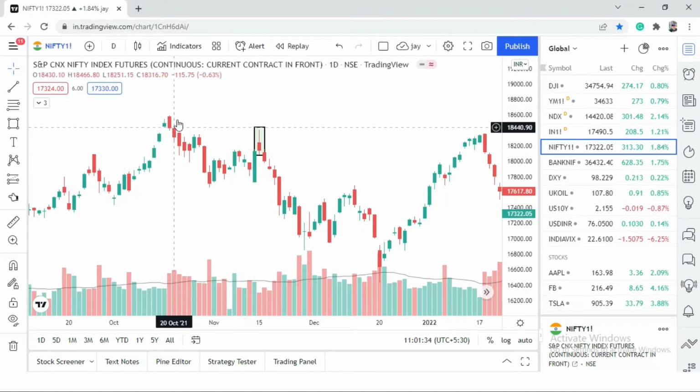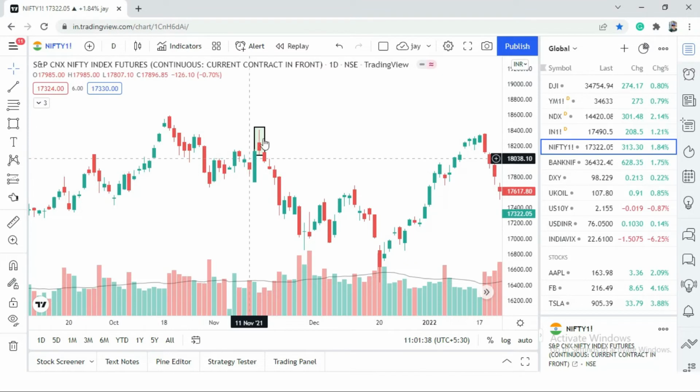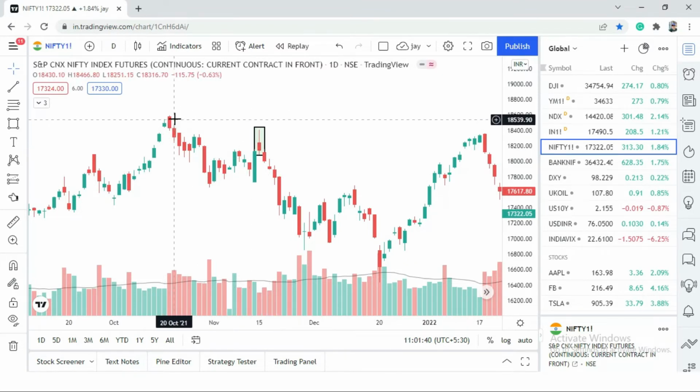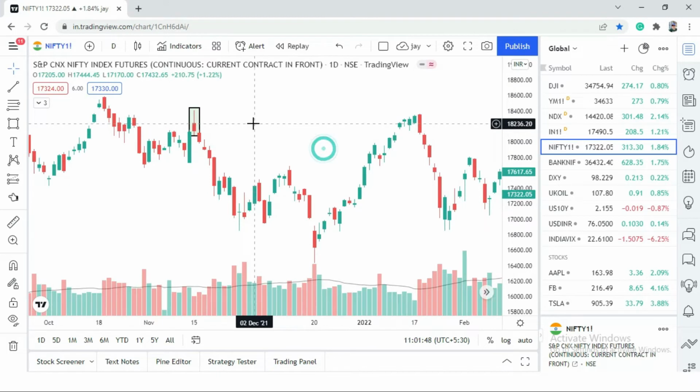So this is the point where the price was first rejected, then the second attempt was made. Here the first candle was rejected, which is the bearish engulfing. It did not manage to cross above this and then made a shooting star candle. So this is the one ideal candle which we can trade.